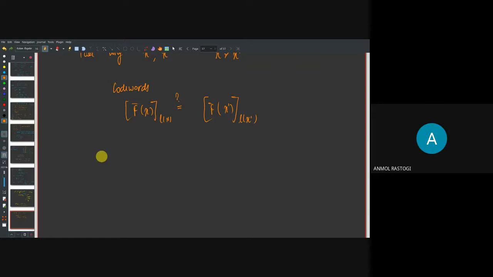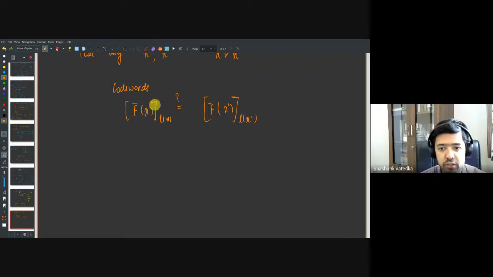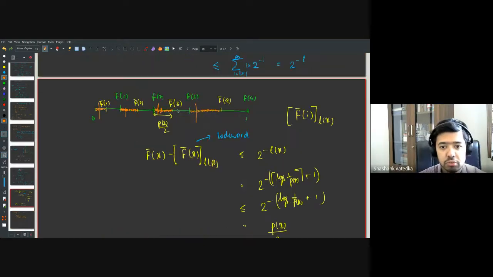No, they cannot, right? Because they're going to lie in disjoint intervals. So f bar of x, maybe if x is equal to 4, f bar of 4 truncated, the code word is going to lie somewhere in this interval, whereas for 3 it is going to lie somewhere in this interval.